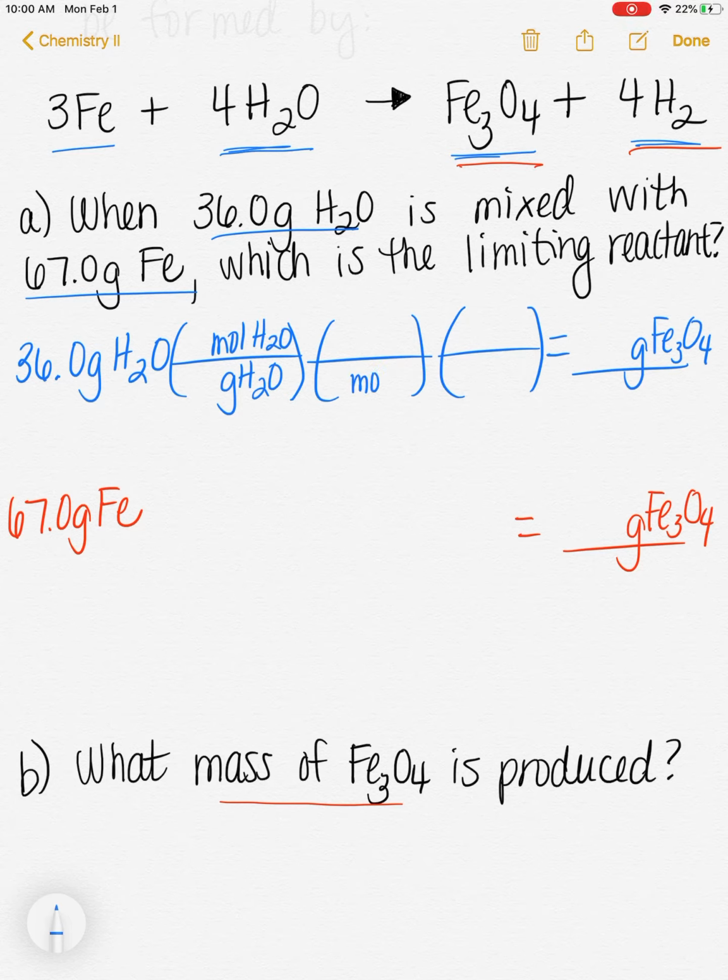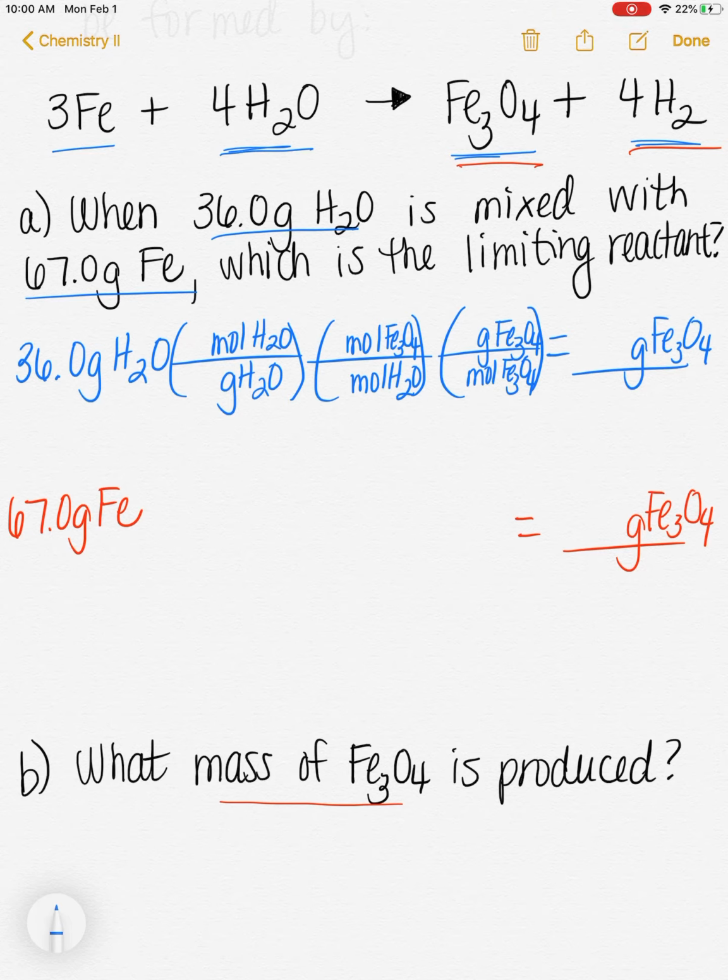But I don't want an answer in moles of H2O, so I'm going to put that on the bottom of the factor. The mole map says I can then change it to moles of the other stuff. In this case, it's Fe3O4. But I don't want an answer in moles of Fe3O4. I want grams of Fe3O4. Okay, so my units line up.